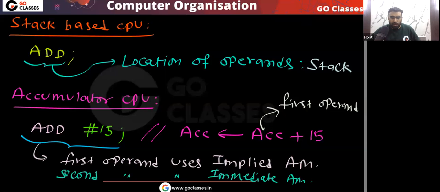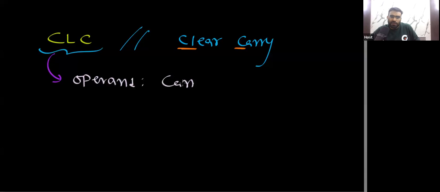Very simple point. Another example: consider the code CLC, clear carry. What is the operand here? The operand is the carry flag.